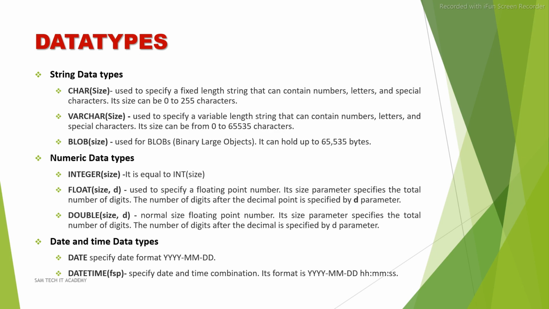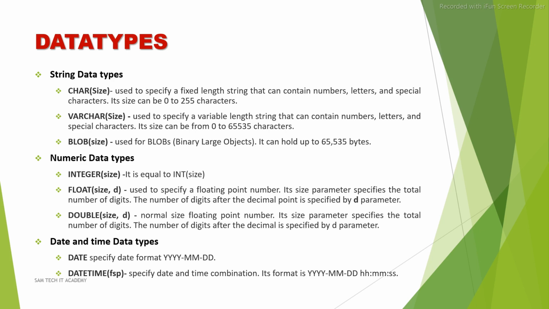If you want to define some variable length data, then we can use VARCHAR. Mostly people use VARCHAR only. BLOB is a binary large object, like an image object, so for that purpose we can use BLOB.